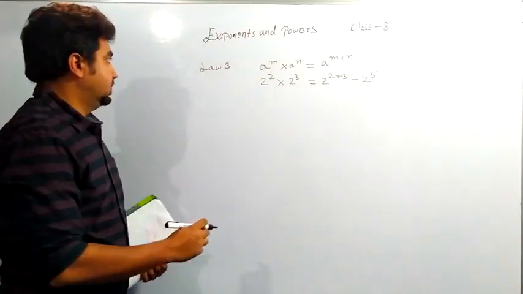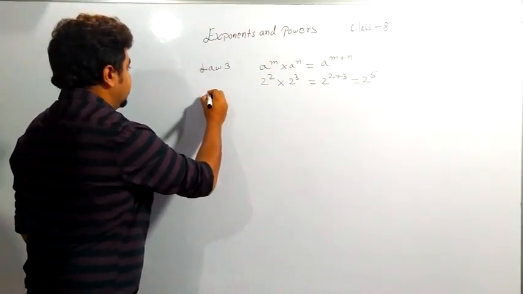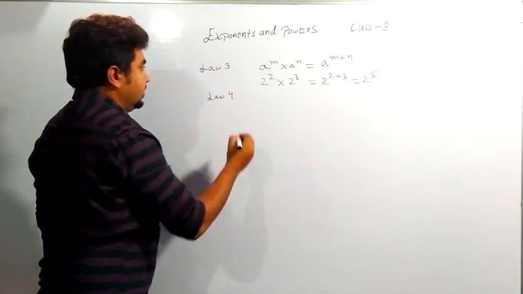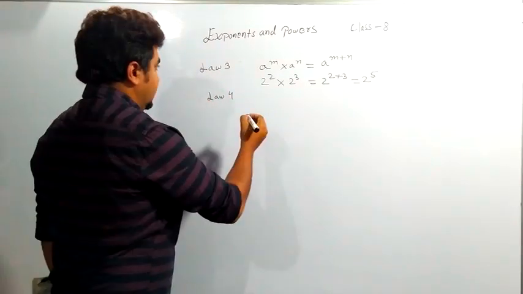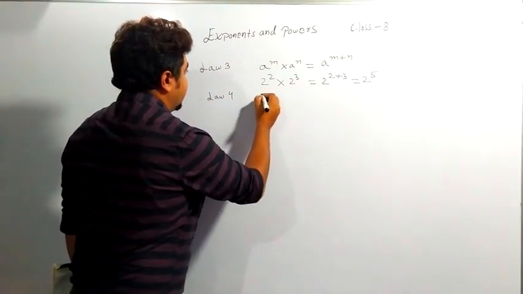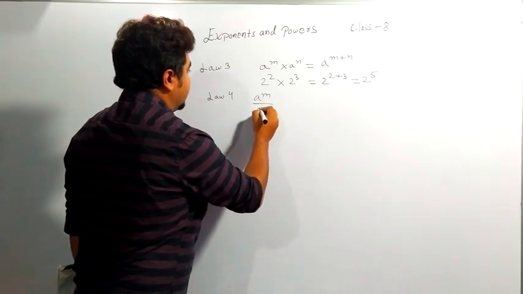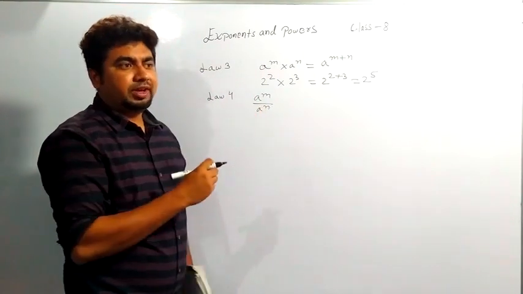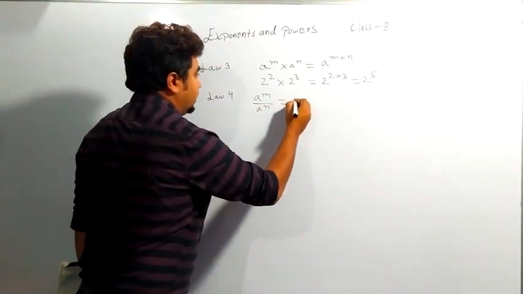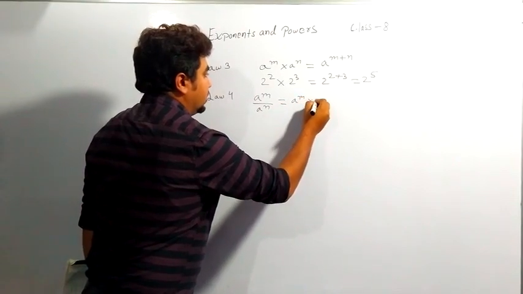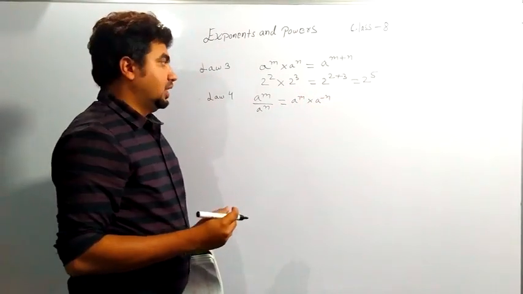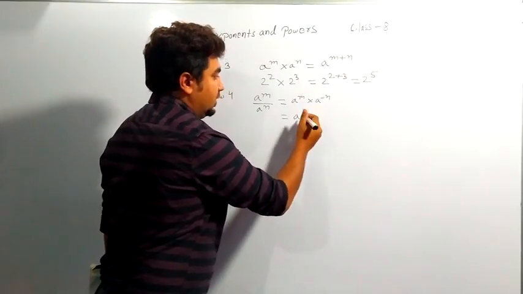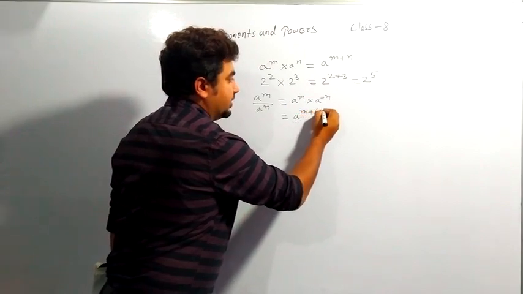This is law 3. Law 4 is basically related to division. If I am saying a to power m by a to power n, as we know that if we take a to power n to the numerator, it becomes a to power m into a to power minus n. And as we know, the base is the same, so the powers will be added: m plus of minus n.